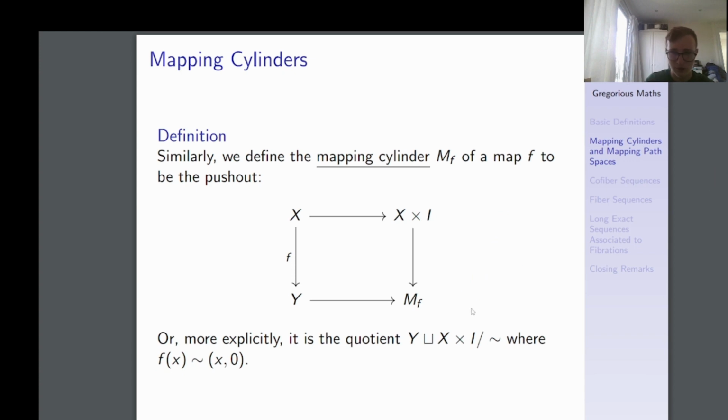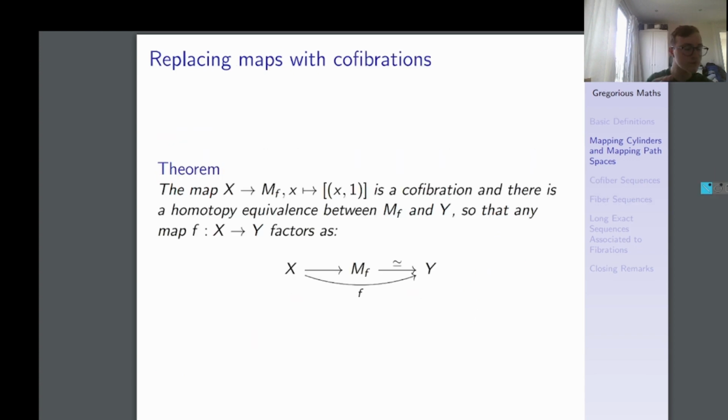Okay, so I won't show this theorem, but I will state it, and that is the map. Let me actually tell you what this map is as well. This map is the inclusion of our space x into the cylinder by just mapping x to the very top of the cylinder.